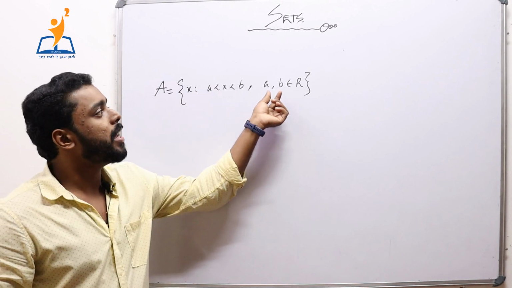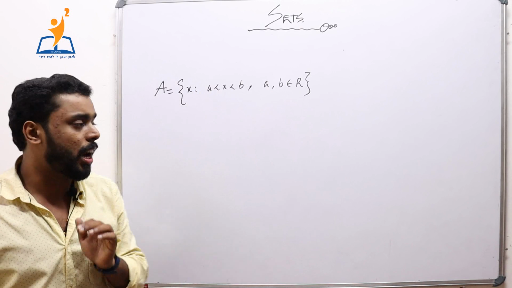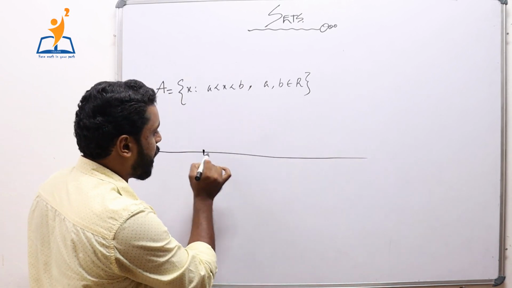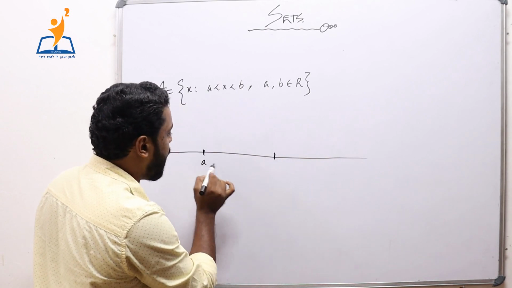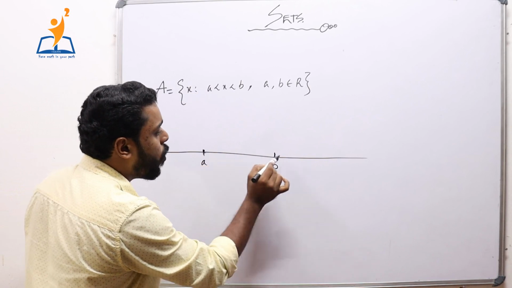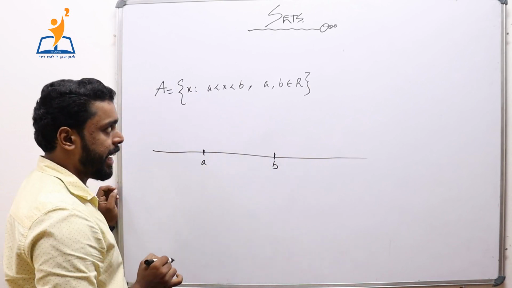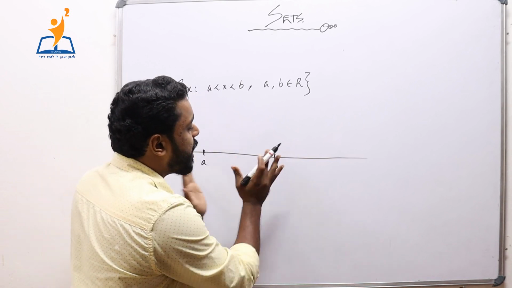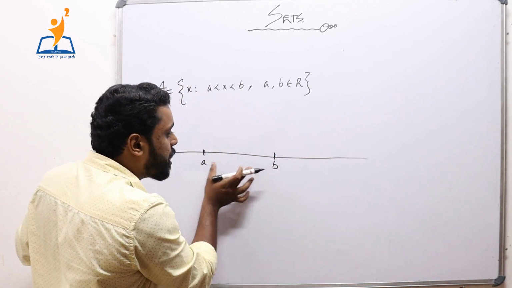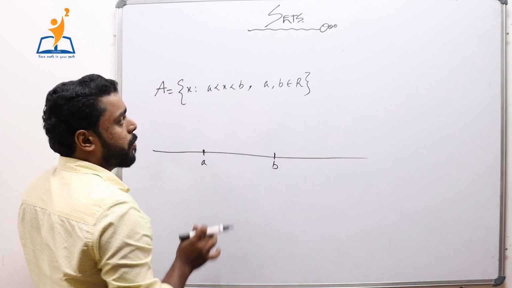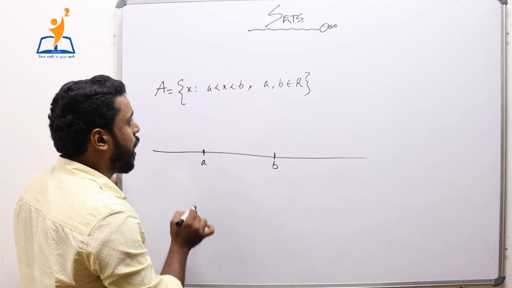And a and b are any two real numbers. We shall plot this on a number line. Suppose that this is our entire number line and let these be a and b. So the set A means the set of all numbers in between a and b. That is, it contains all the numbers in between a and b and it does not contain a and b because it is a strict inequality.